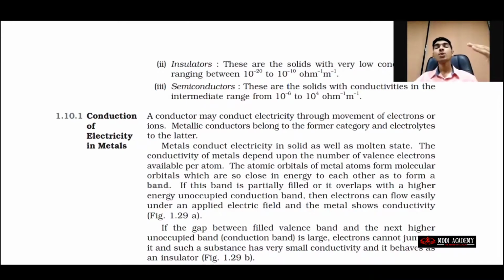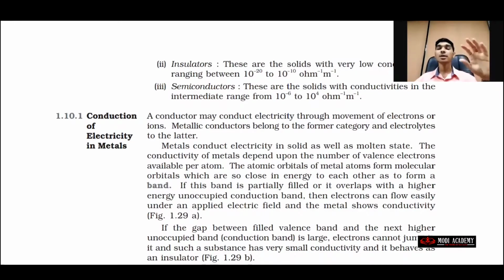Conduction in a metal is due to free valence electrons. Wherever there are valence electrons in the outermost orbit of a metal, that is the main cause of metallic conductivity. The conductivity of the material depends on the valence electrons: the more valence electrons, the higher the conductivity.